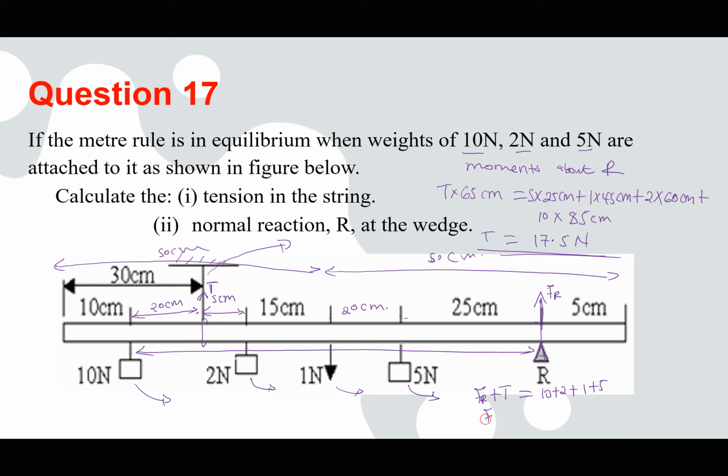So it means the normal reaction FR is going to be 10, I think this is 12, 13, 18, minus 17.5, which is going to be 0.5 newtons. So that is 0.5 newtons as the reaction at R.